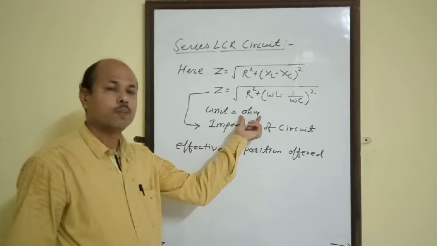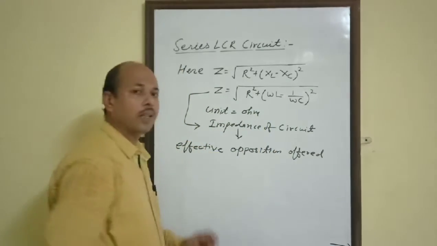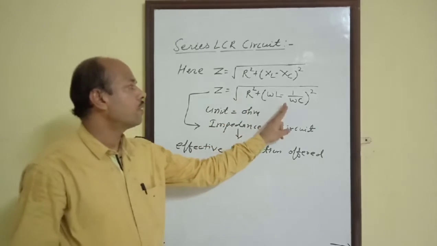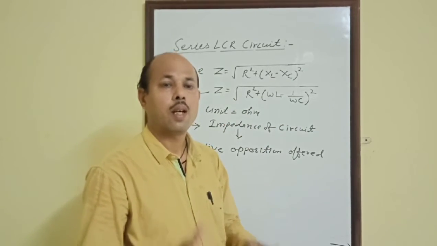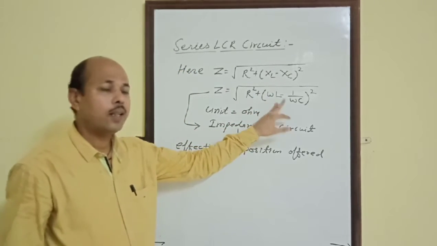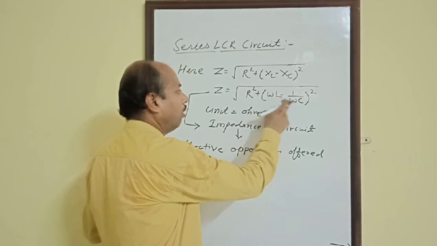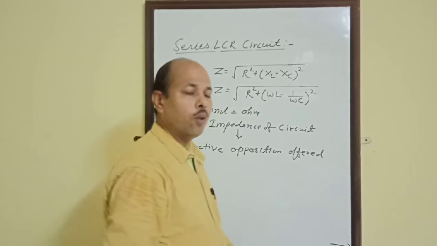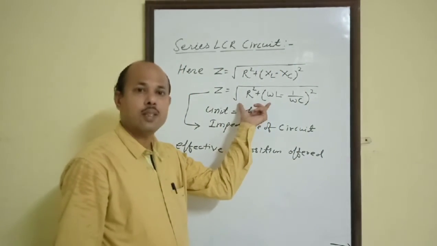will be ohm. Now from this expression, it is very clear that the impedance of series LCR circuit is not constant. It depends on frequency. Therefore, as frequency changes, impedance will change.